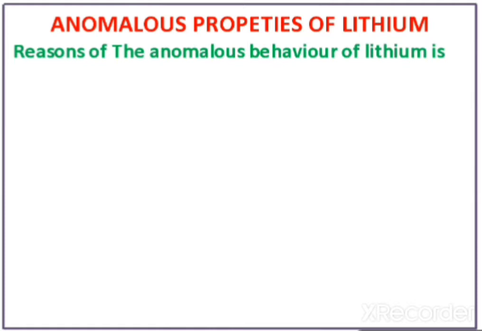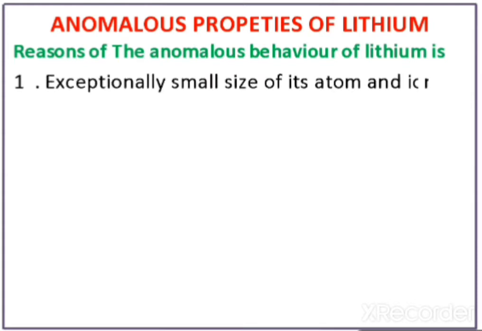So now the question is, why is lithium showing different character? The reason for the anomalous behavior of lithium is the exceptionally small size of its atom and ion. What is the effect of a small atom size? If the size is very small, it is very difficult to remove the electron from the outermost orbit because the nuclear attraction will be strongest.